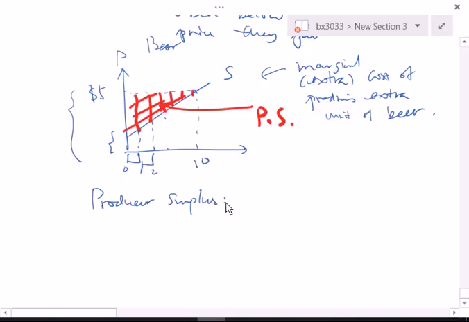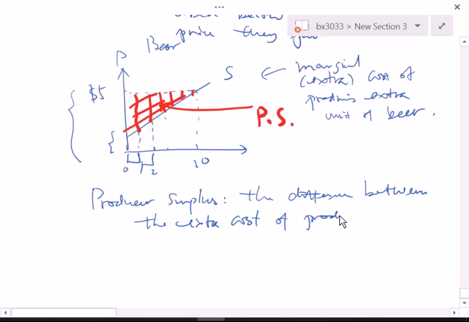Producer surplus is the difference between the actual cost, or marginal cost, of producing beer and the price firms receive.